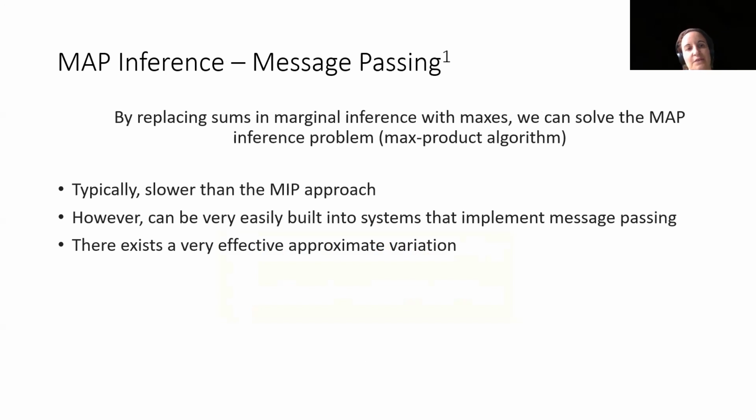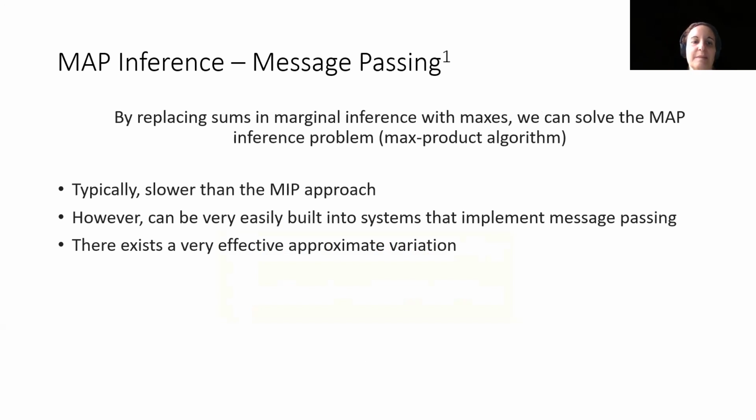Okay, so the MIP, and that's where message passing comes in again, can also be solved with the message passing algorithm. In message passing, we saw that every message is a sum of a function, possibly multiplied by another message.